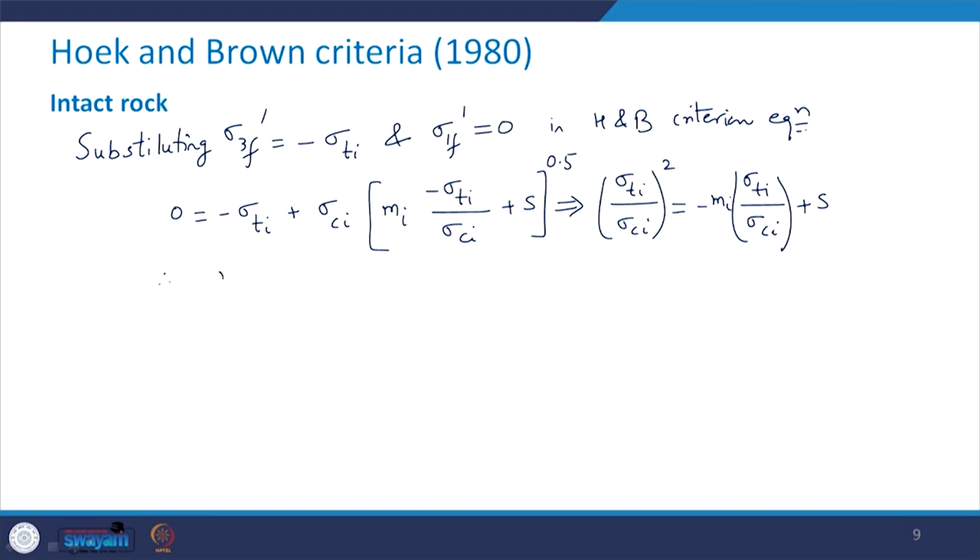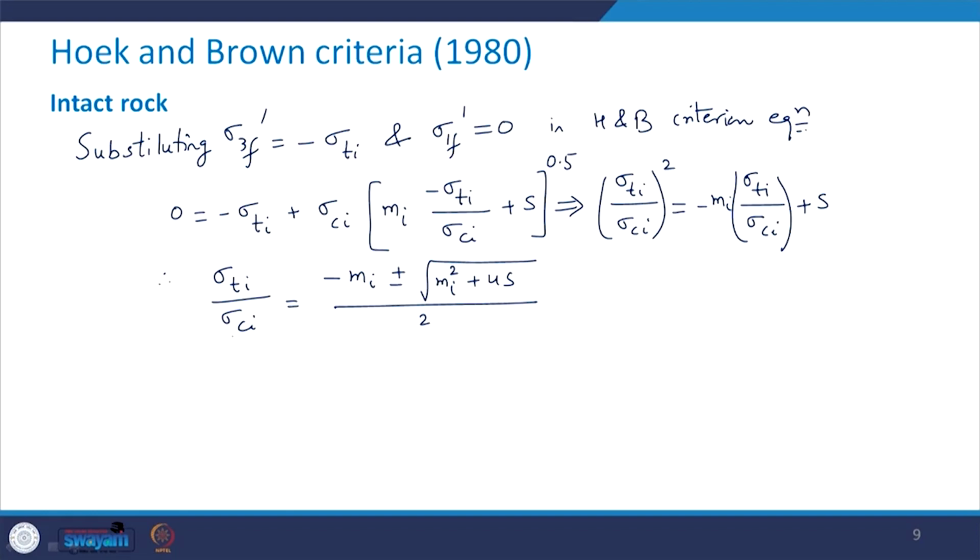Or if we try to get this ratio, we can write it as minus mi plus or minus the square root of mi square plus 4s, divided by 2.